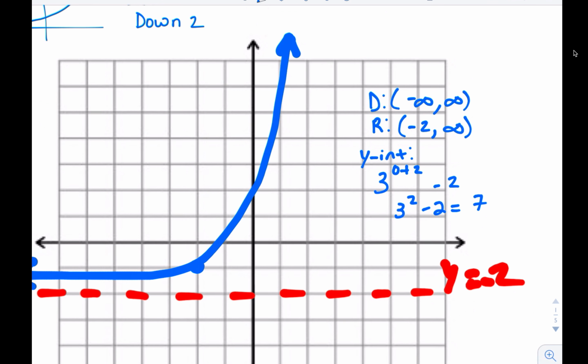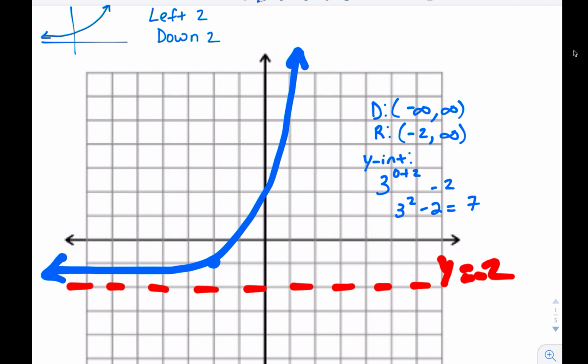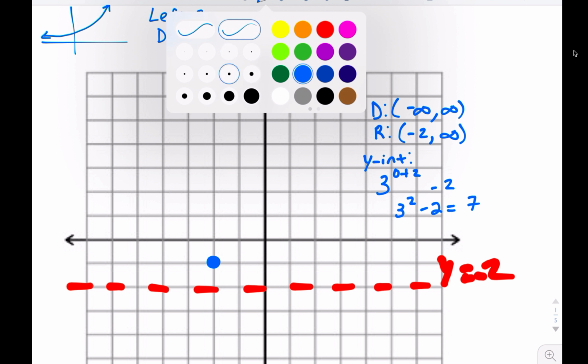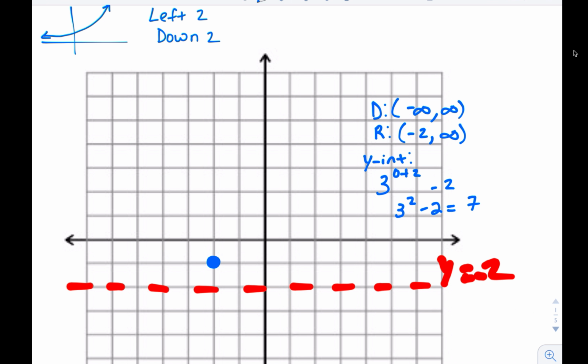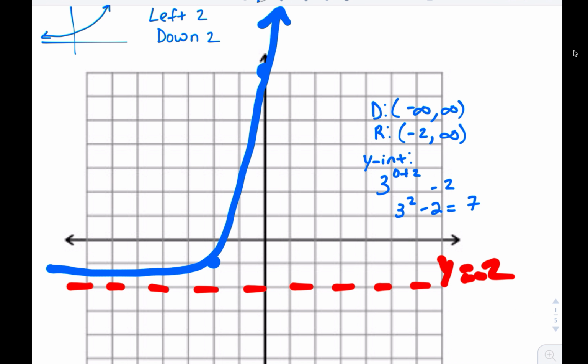I should actually fix my graph a little bit to make sure that it goes through 0, 7. So I'm going to go through that point and then go up like that. That's probably a better representation of what the graph looks like.